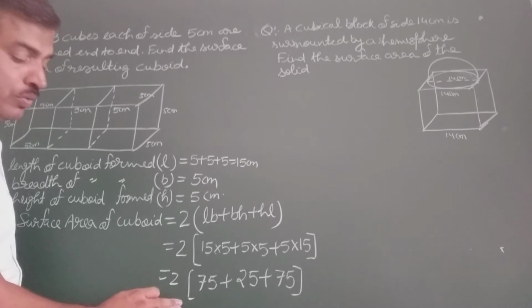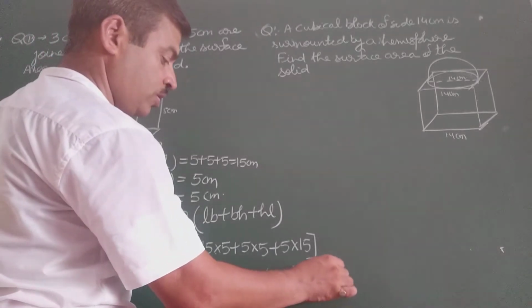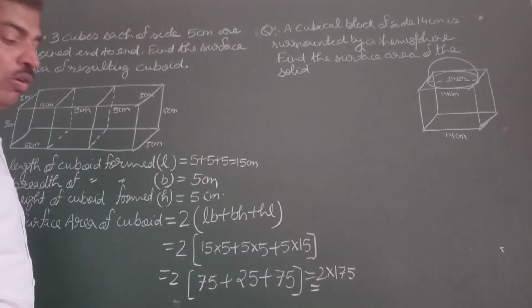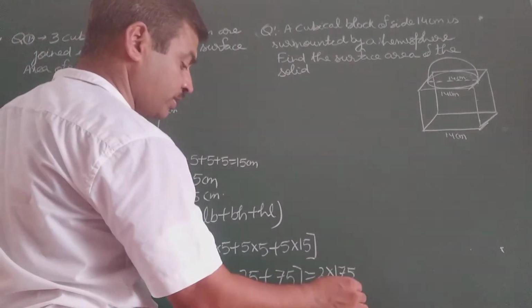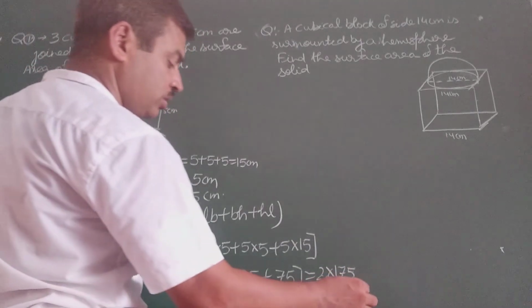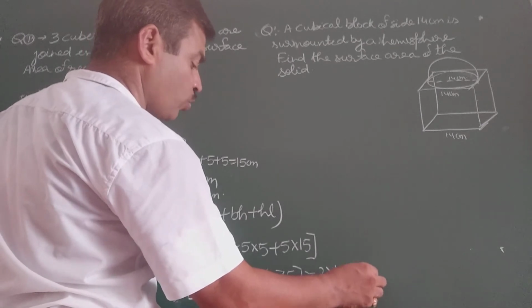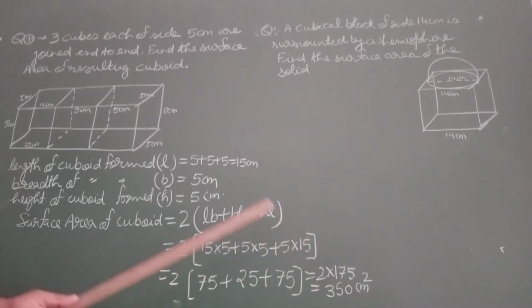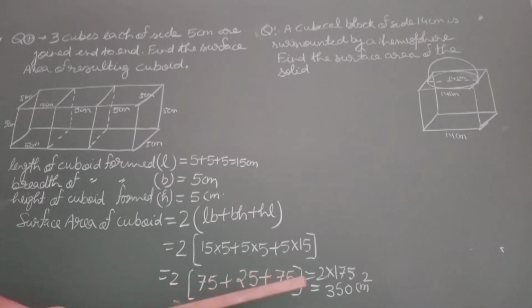So 2 into 175 equals 350 centimeter square. Because this is surface area, that's why its unit is square unit. Sides are given in centimeter, that's why we can write here centimeter square. So this is the answer.